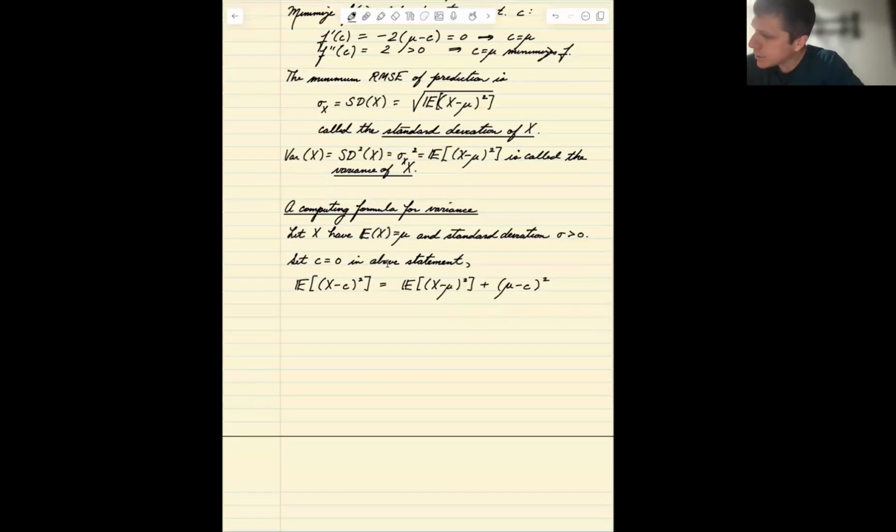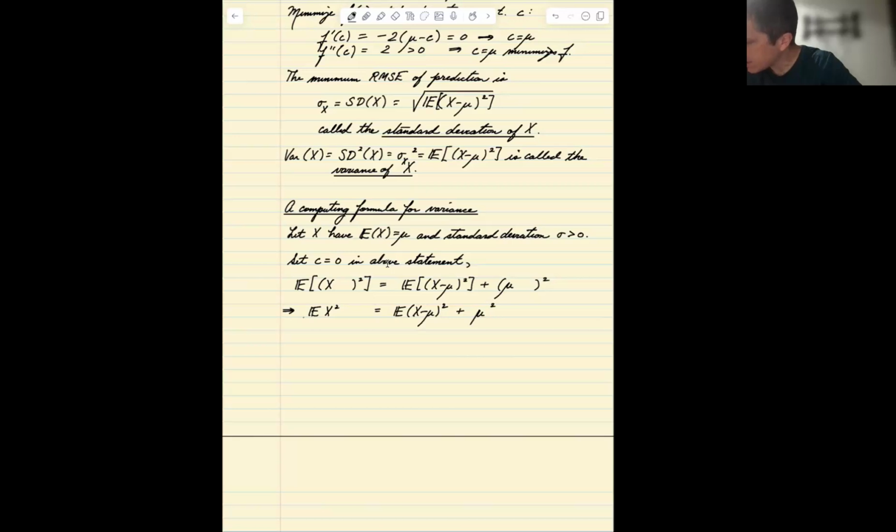C is going to disappear. What this tells us is that the expectation of x squared is equal to the expectation of (x - mu)^2, the variance, plus the mean squared.